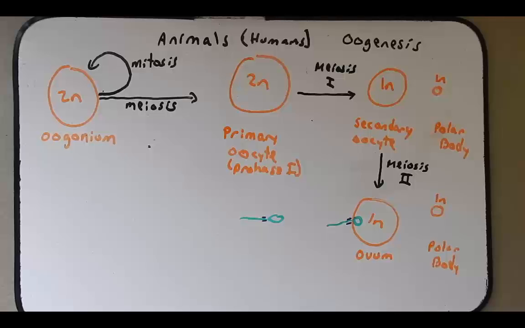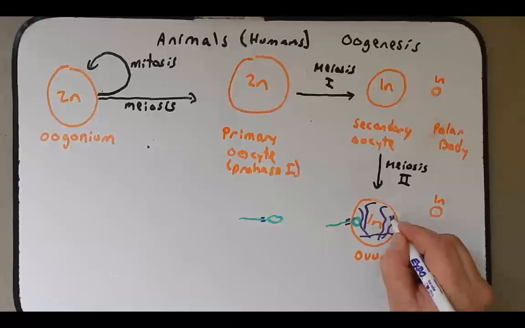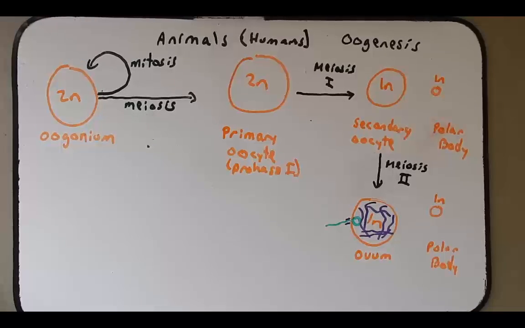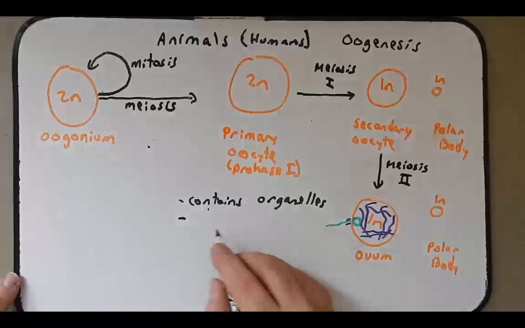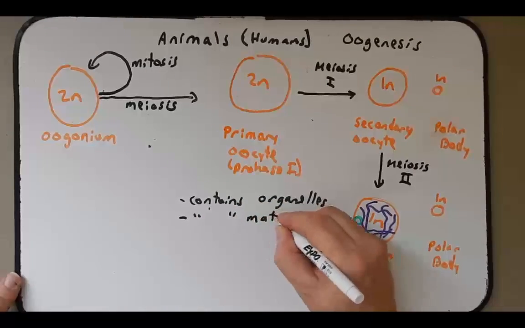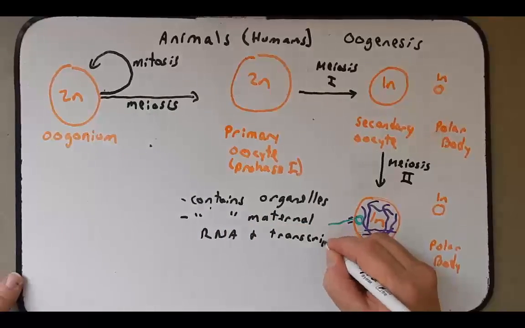Now the oocyte is full of mitochondria, tons of mitochondria, chock full of mitochondria. And so I want to talk a little bit more about everything inside of this ovum. The ovum contains the organelles. It contains maternal RNA molecules and maternal transcription factors.